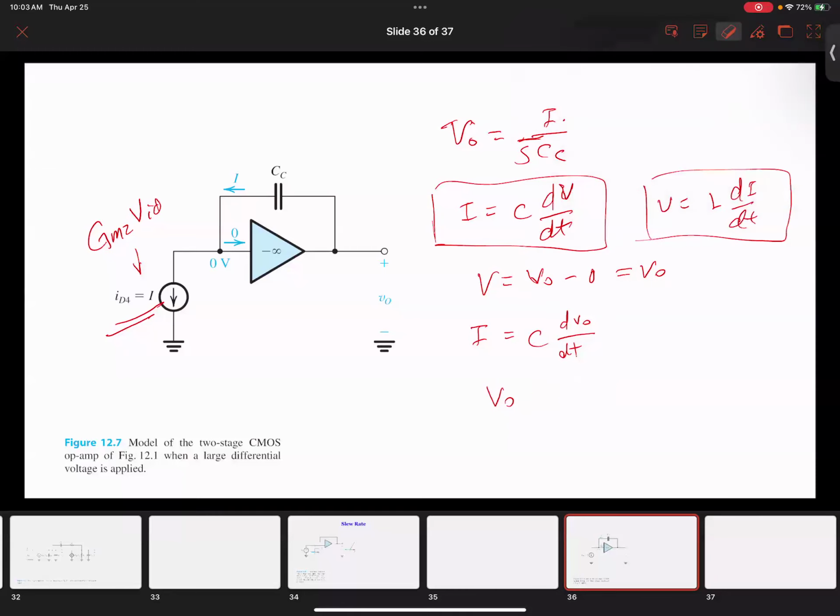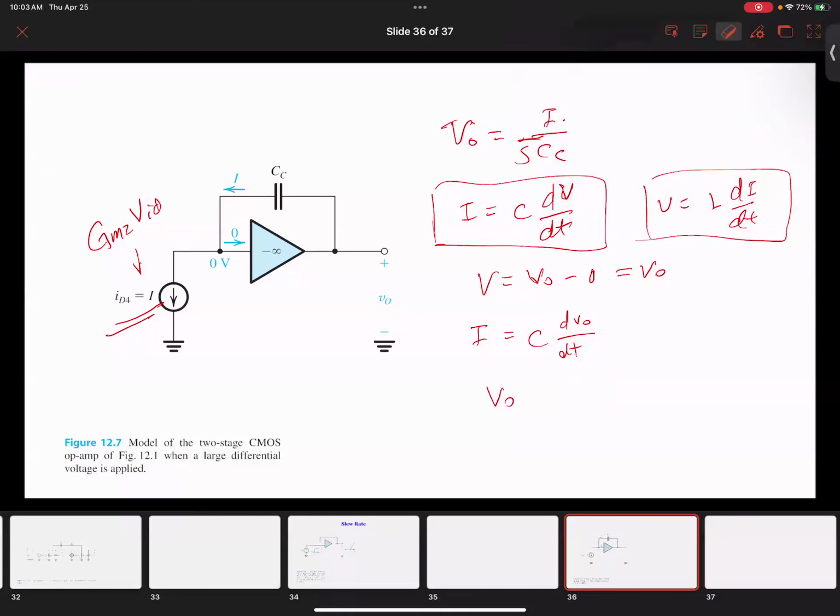Basically, we can write this as the slew rate times T. So this measures how fast your voltage rises at the output. The faster the slew rate, the better for the circuit, but of course, the more expensive to design.